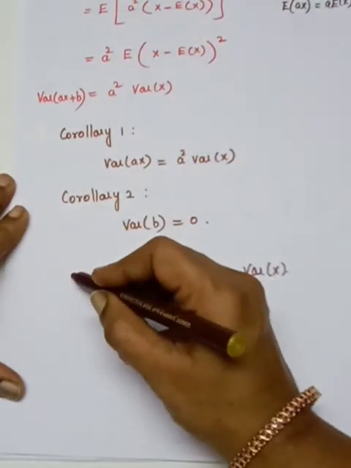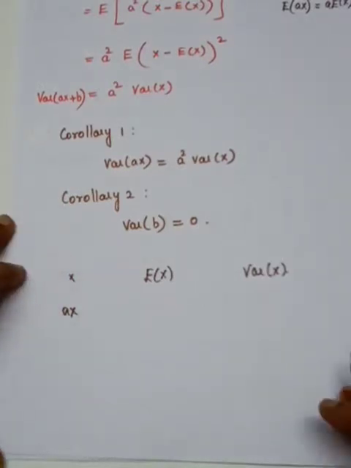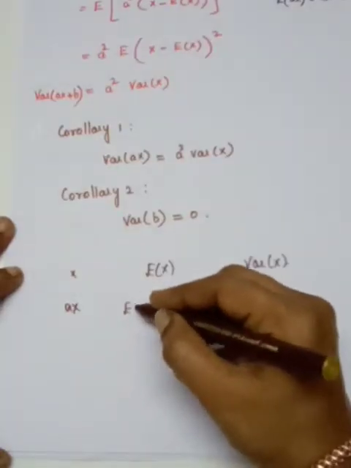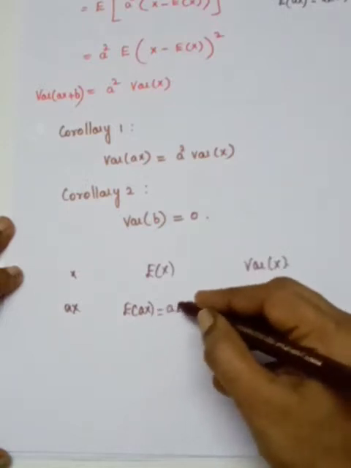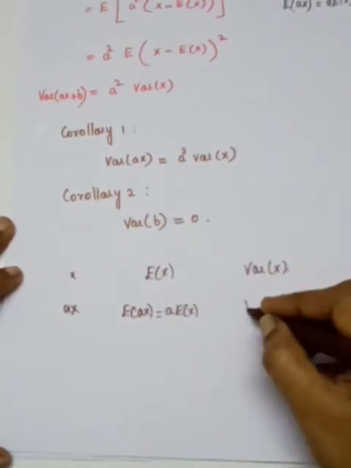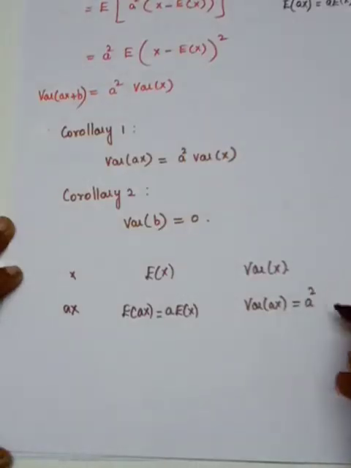So your x is now ax. E of ax is a into E of x. What is variance of ax? That is a squared into variance of x.